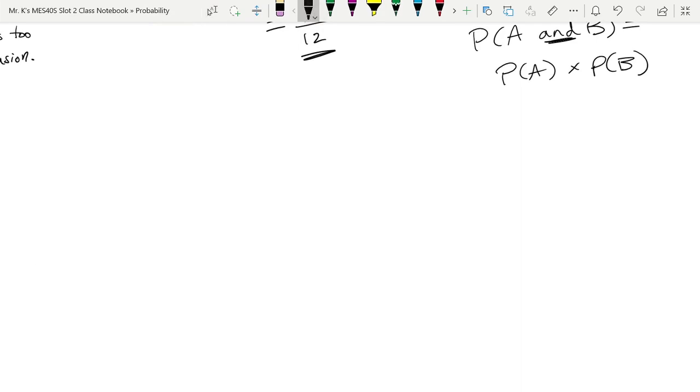Dependent events, this is a little more complicated. This they don't really talk about much in grade 9. Grade 9 is all about independent events. The opposite of independent events is, of course, dependent events.